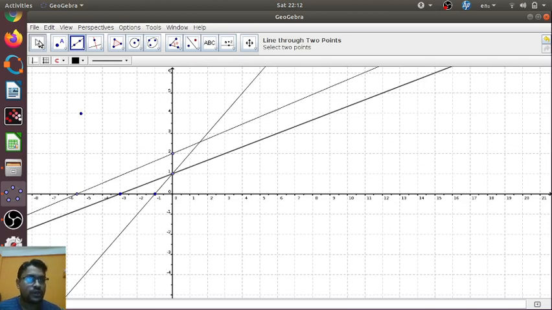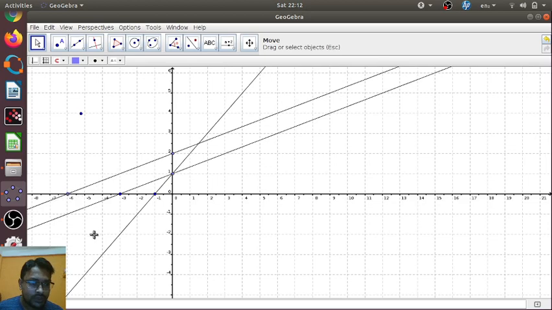Oh, sorry, minus 6 is somewhere here, I think. Yeah, this is minus 6. Right. So now we can see this is the cost line. Let me just change this color. Okay, now it's okay.